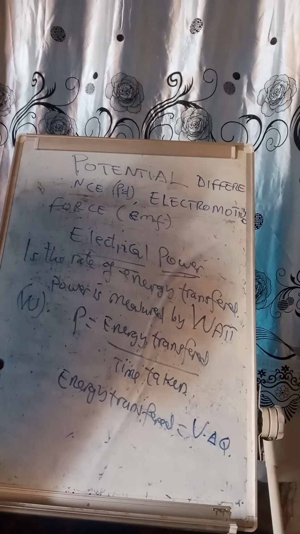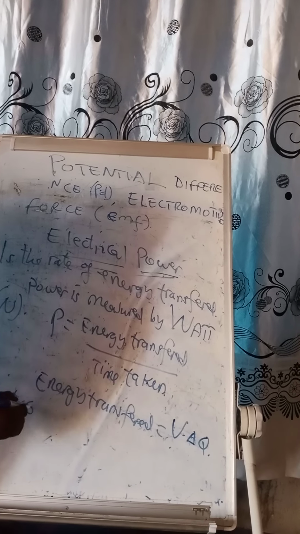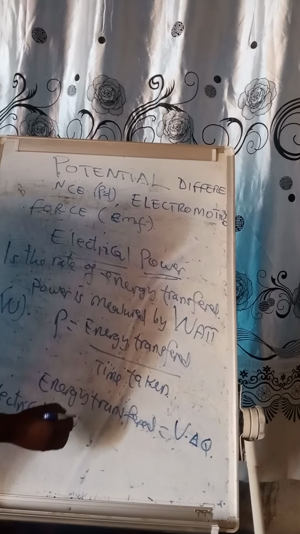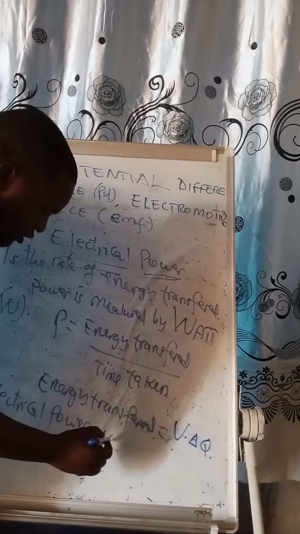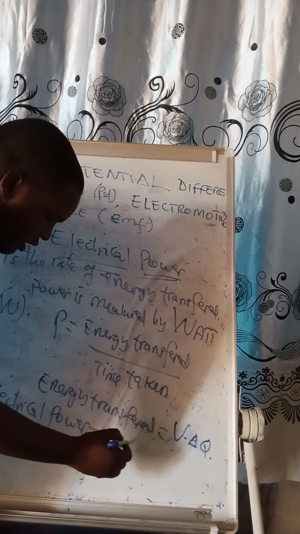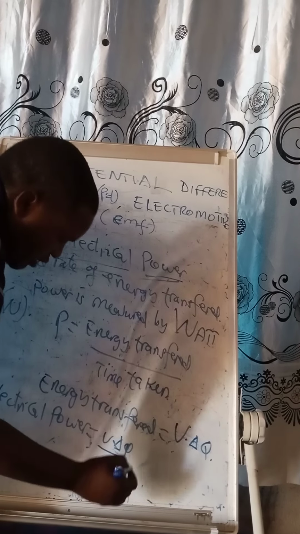So our electrical power will be equal to V times change in charge over change in time taken.